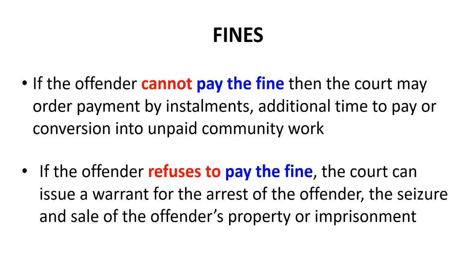That is contempt of court, because the offender is disobeying an order made by a court. In such a case, the court can issue a warrant for the arrest of the offender. The court can require that some of the offender's property is seized and sold, with the sale proceeds being used to pay the fine. And the court can order that the offender is imprisoned.